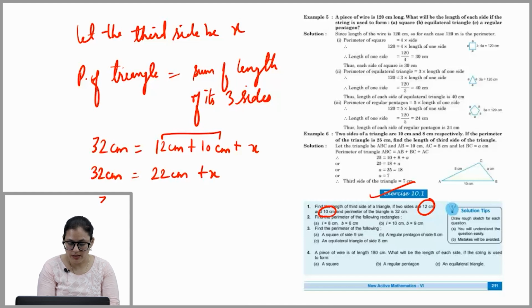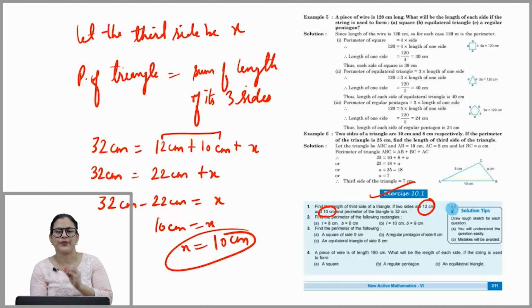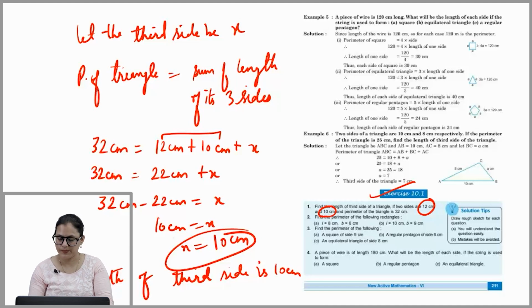So you will subtract 22 from 32 cm, then you will get the third side, that is 10 cm. So we have got the value of x, that is 10 cm. That is, the length of the third side is 10 cm. Right, students?